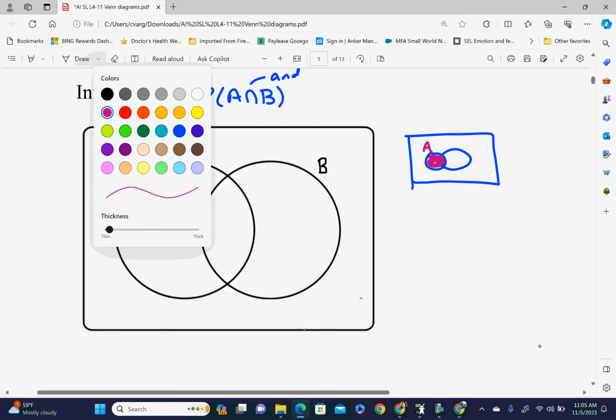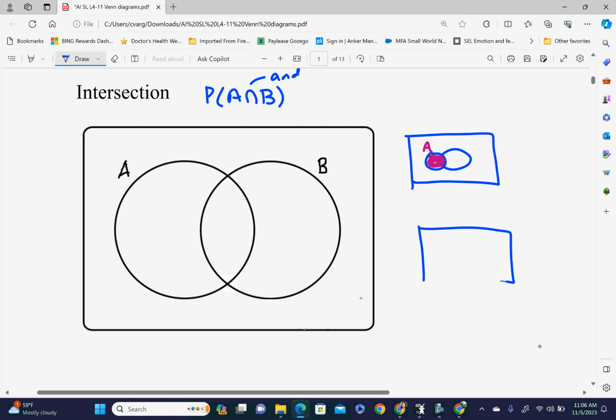If I were to draw another one and show you what B looks like, this is the same diagram. Here is B, and if I were to shade in B, this right here would be B. So think of A and B as where these two circles overlap. And you should be able to see right in the middle, they overlap right here. So this section right here is where the probability of A and B is, okay? So it's going to be the intersection right here in the middle. These are the overlaps. Does that make sense?